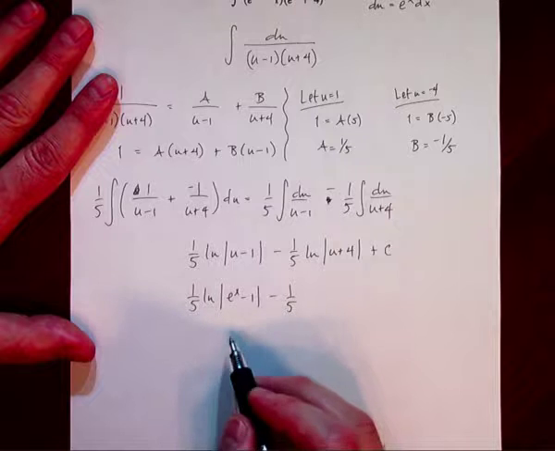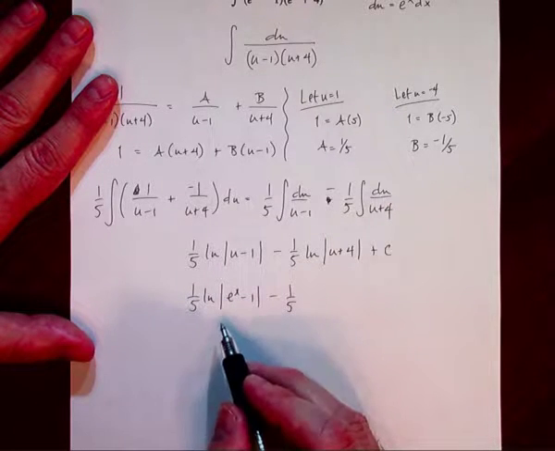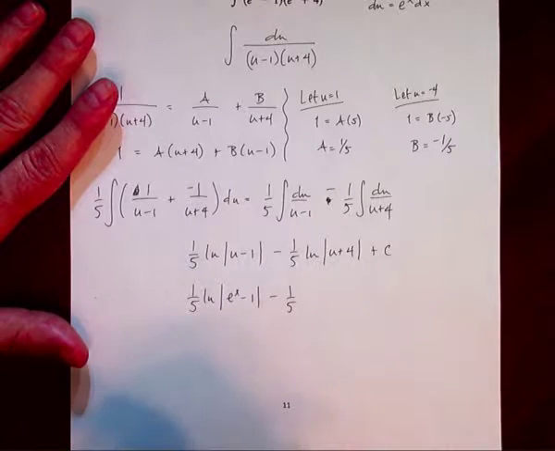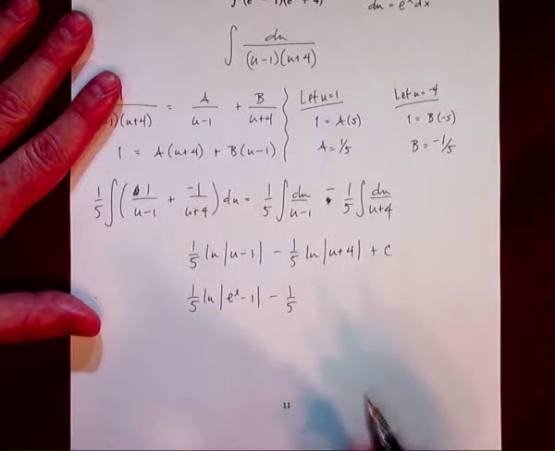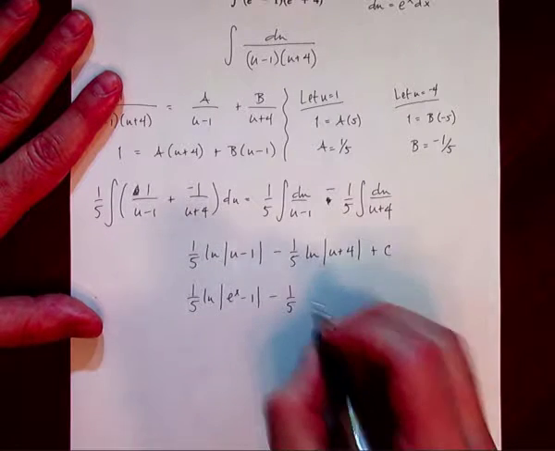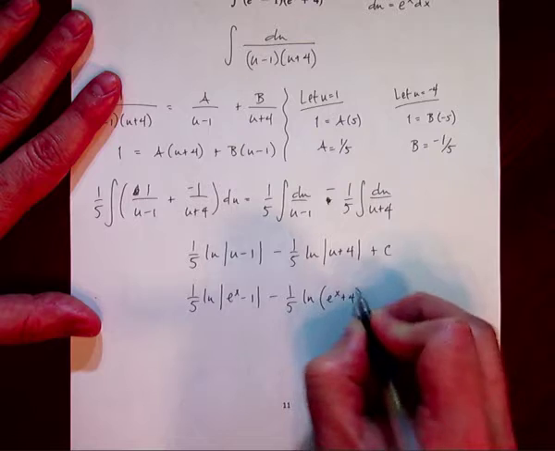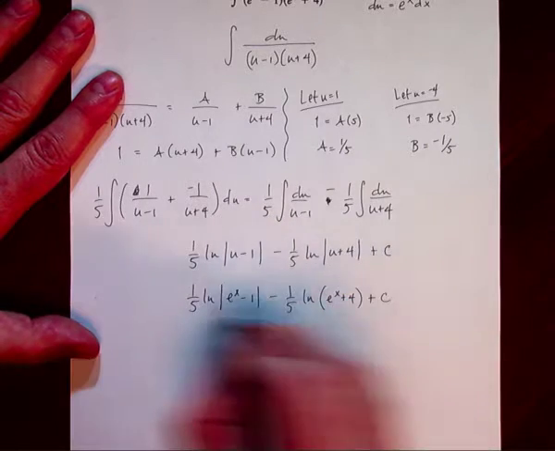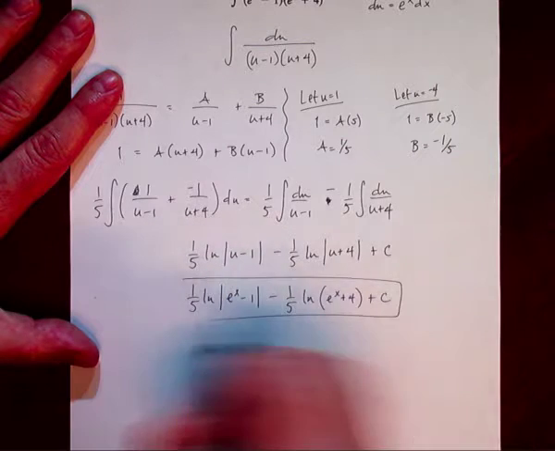E to the x is always positive, but e to the x minus 1 actually has the possibility of being negative, and actually is negative when x is negative, right? But this next one, because it's e to the x plus 4, actually doesn't need absolute value bars anymore, and there we go.